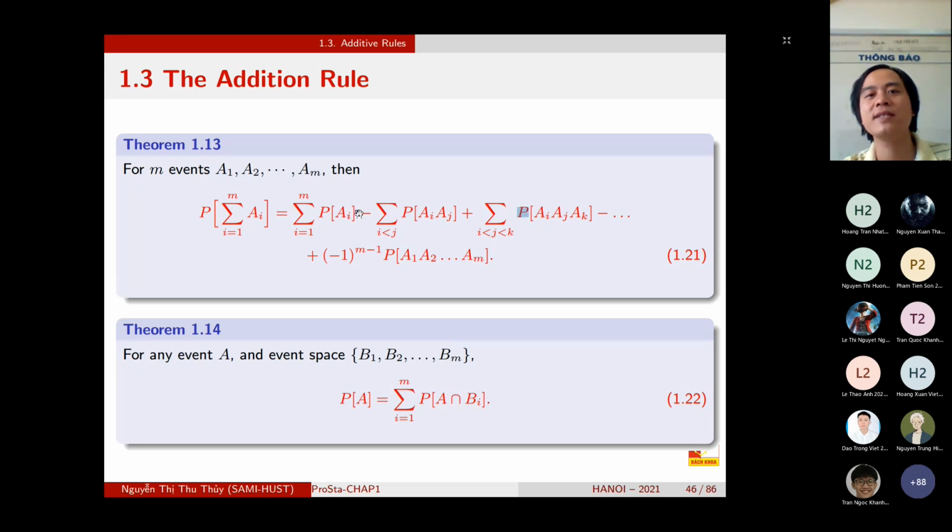You can see the negative sign is followed by the positive sign here.